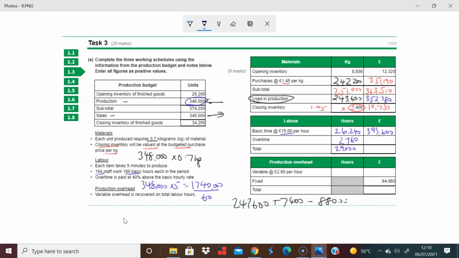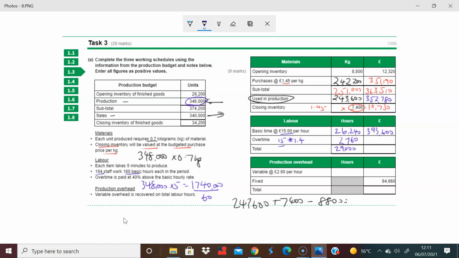That's it. So 26,240 times 15 will take us to 393,600. And then it says that overtime is paid at 40% above the rate. So of course, there's a number of ways of doing this. You can simply multiply 15 times 1.4 and then multiply 2,760 times 15 times 1.4, because you're paying people 40% above the normal £15 rate.